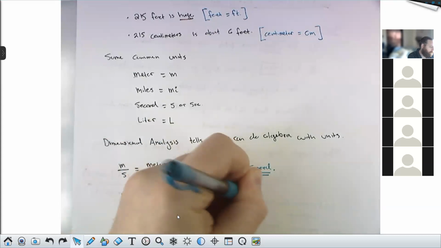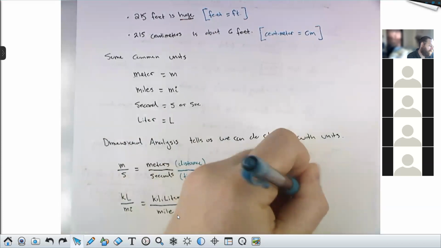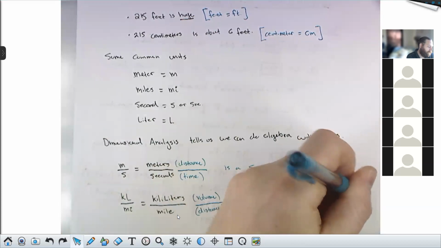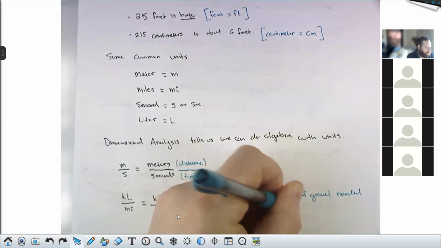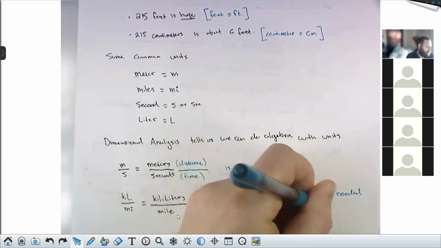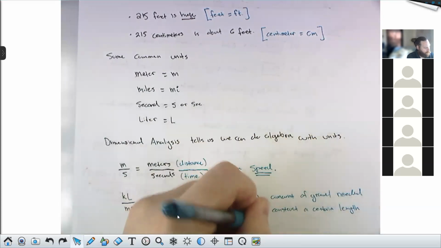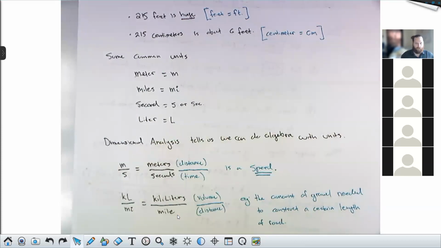So for example, the amount of gravel needed to construct a certain length of road. Understanding units and specifically ratios of units is a big deal.